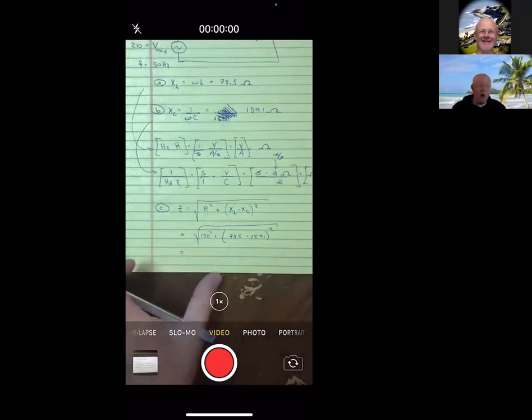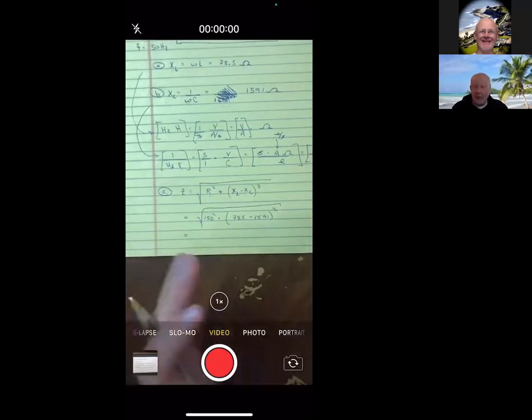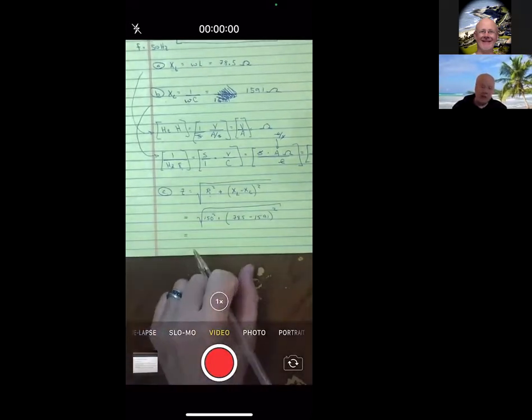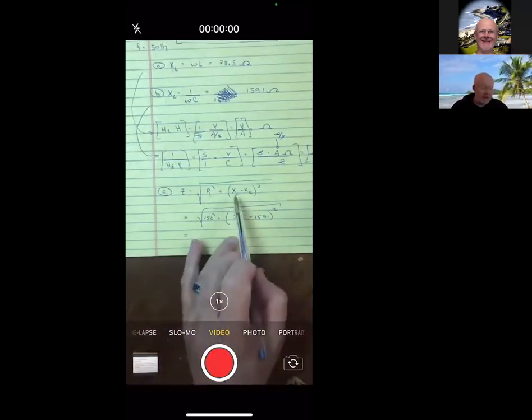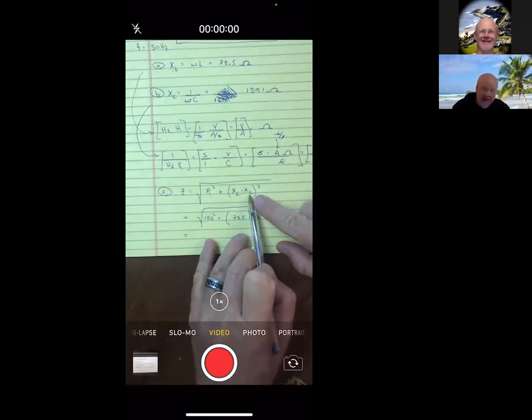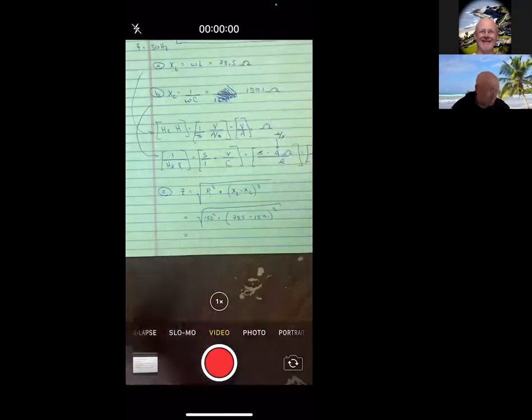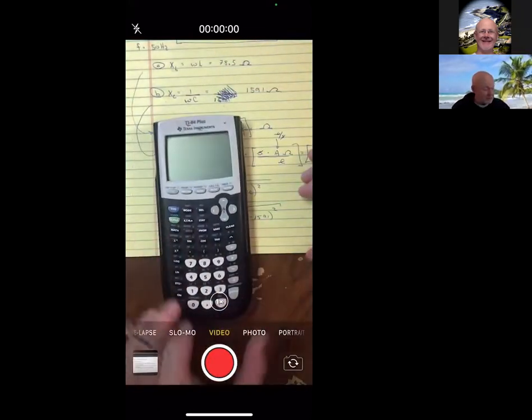So the overall opposition, which is called the impedance, the total opposition when you put all of them together, the reactance of the inductor, the reactance of the capacitor, and the resistance of the resistor, what do you get?